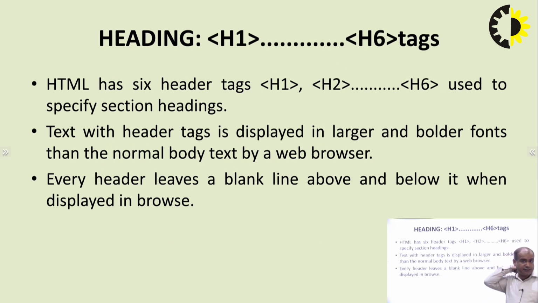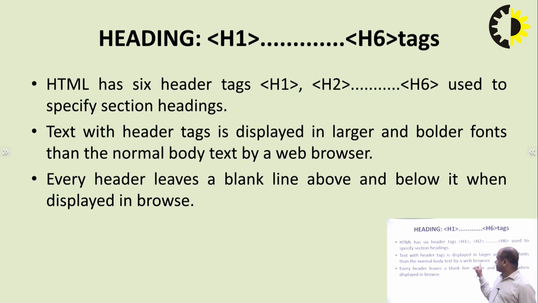Next is the H1 tag. As I have discussed earlier, we have used the H1 tag earlier also. This one is going to describe the heading tag. There are basically 6 header tags, H1 to H6. H1 gives you the largest size of heading. H6 is the smallest size of heading.